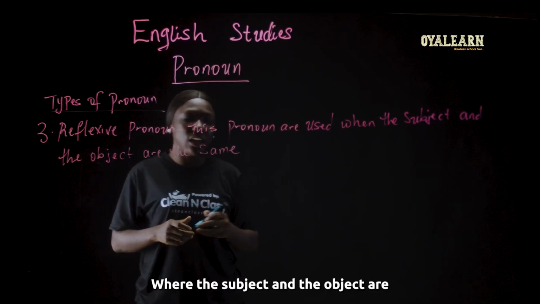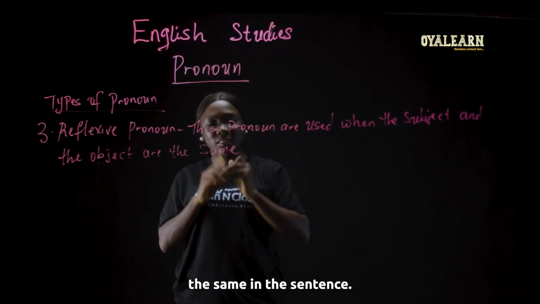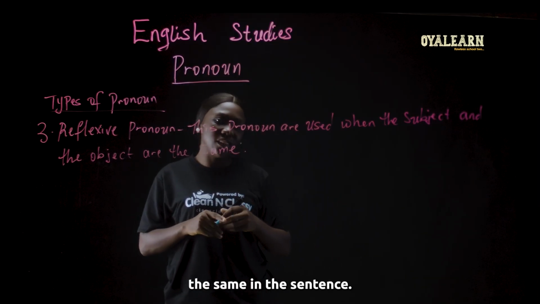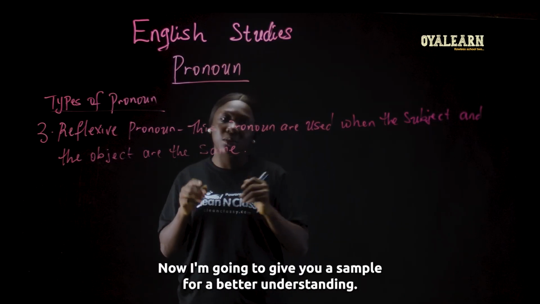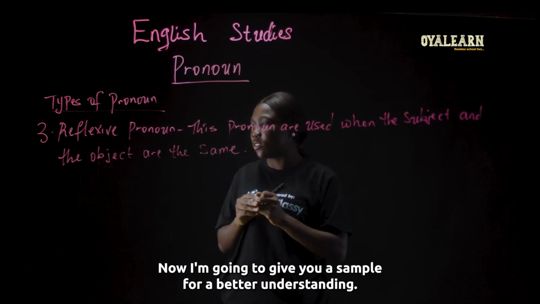Where the subject and the object are the same in the sentence, that is when we use a reflexive pronoun. Now I'm going to give you an example for a better understanding.